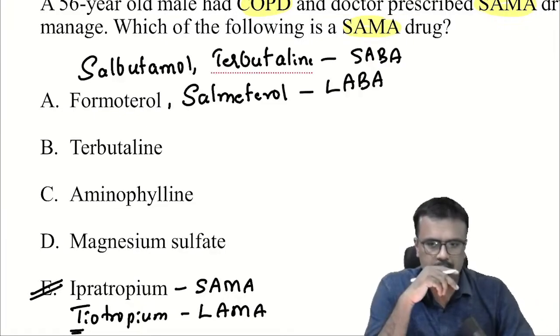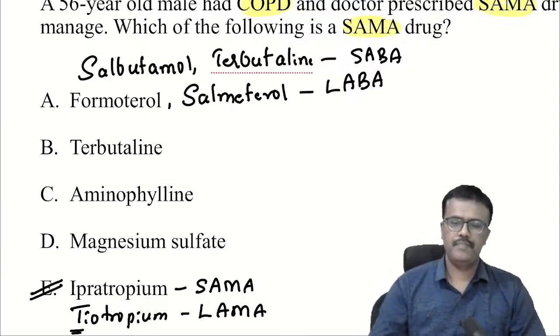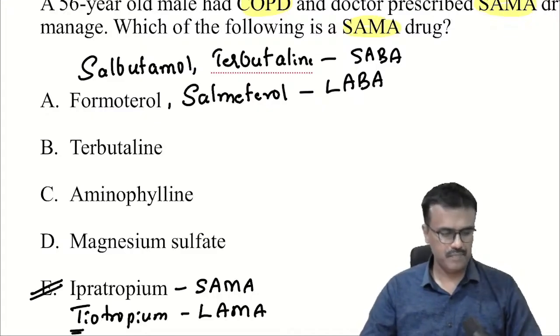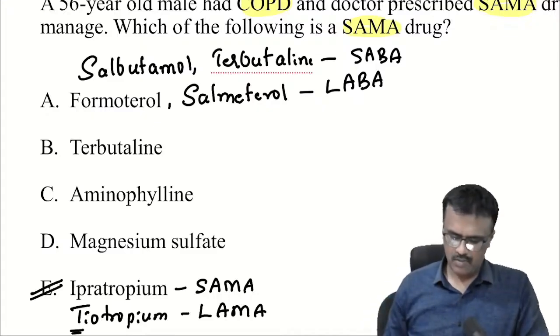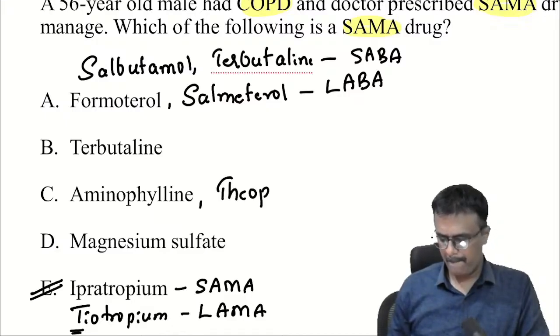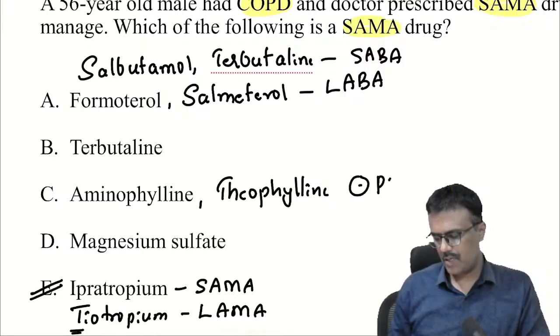Formoterol, now aminophylline, theophylline, they inhibit phosphodiesterase. They also inhibit adenosine. That is their mechanism.